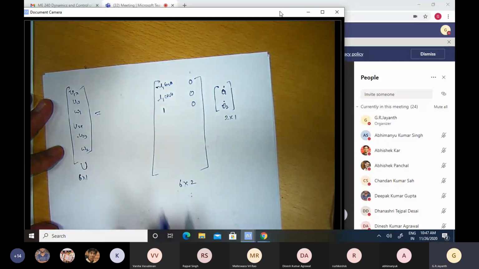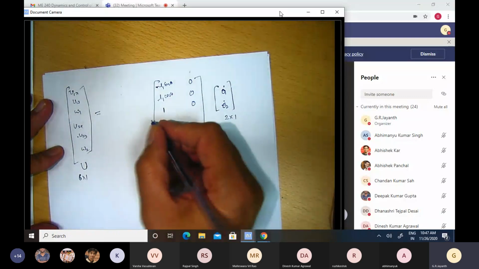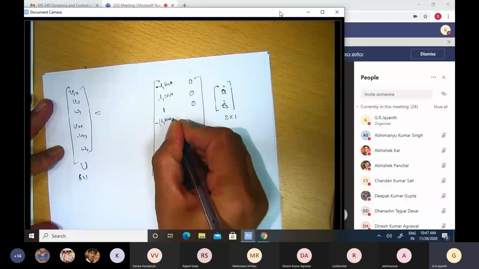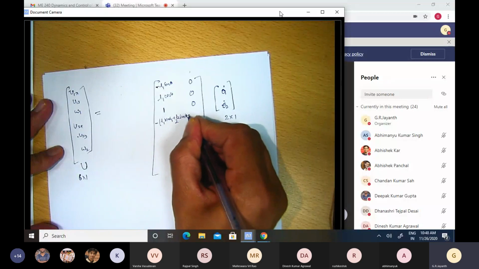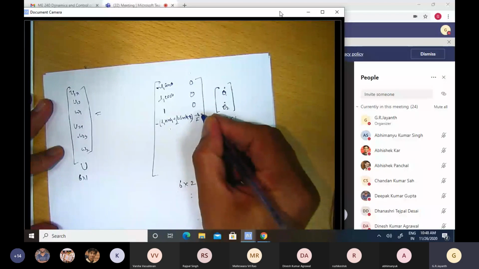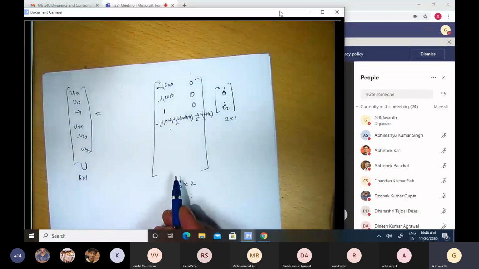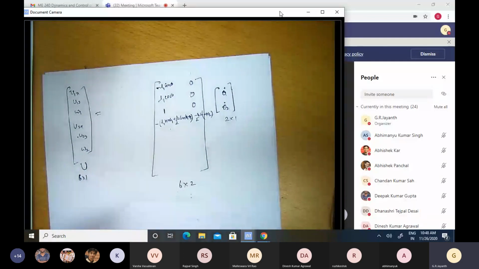I can do that for the other terms also, and I'll just write down the expressions here. It's minus of L1 sine theta 1 plus L2 by 2 sine theta 1 plus theta 2. That will be the other entry here, and then minus L2 by 2 sine theta 1 plus theta 2 will be the entry multiplying theta 2 dot. I have written it in a very illegible manner because I have unfortunately chosen my bracket to be very narrow, so I'm not able to squeeze in all these symbols.